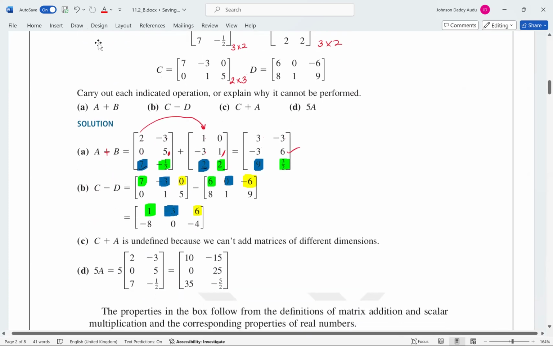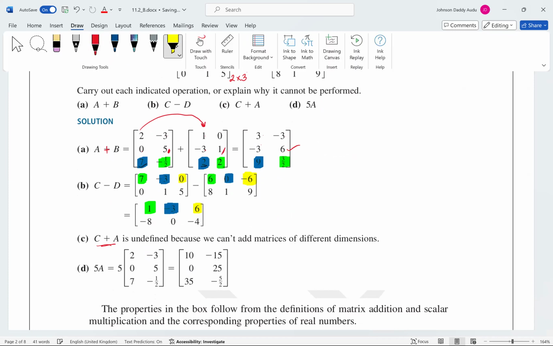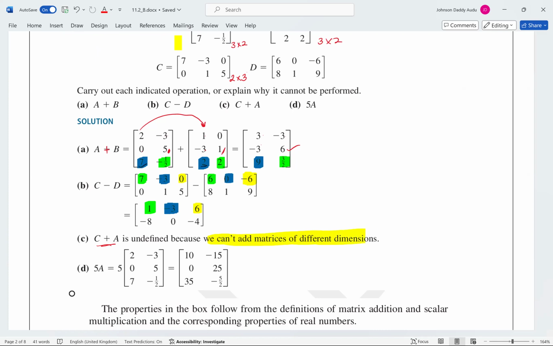So we cannot add. So that is why we say C plus A is undefined. Why is it undefined? It's undefined because we cannot add matrices with different what? Dimension.